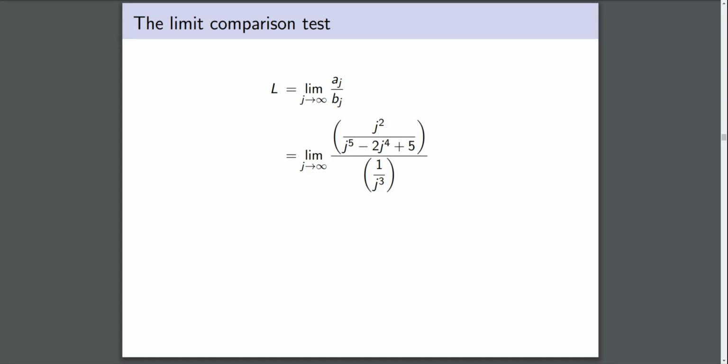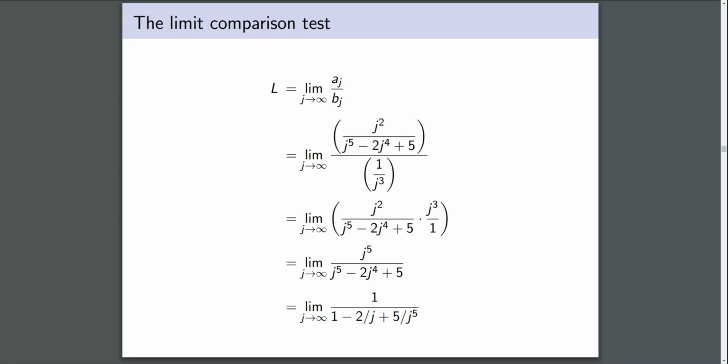I put that on the bottom. Now we're going to simplify. Here's the rule for division of fractions. Then I multiply through to get the following expression. When we take a limit like this, we're always going to divide out the highest power of j. I did that here, and then this fraction is going to simplify down to 1.